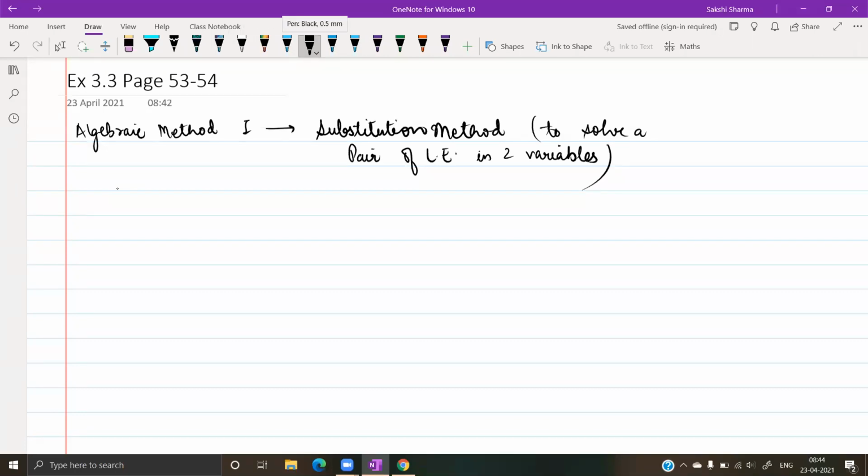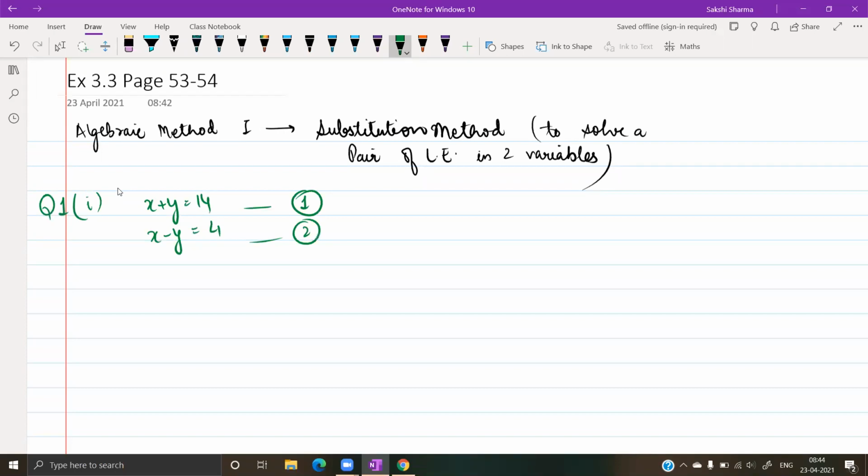हम first part solve करेंगे. I will try to explain it alongside so that you can recall and understand. We will be given pair of equations. This is first part of the question, equation number 1, equation number 2.